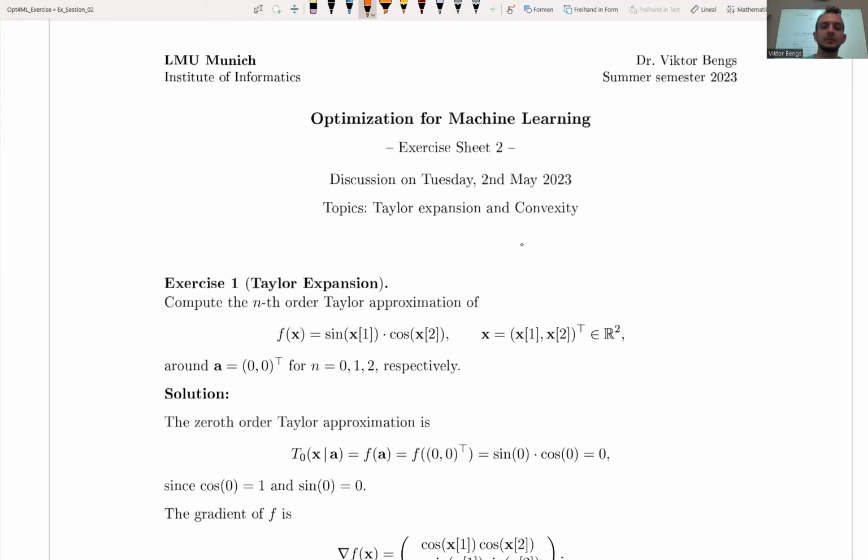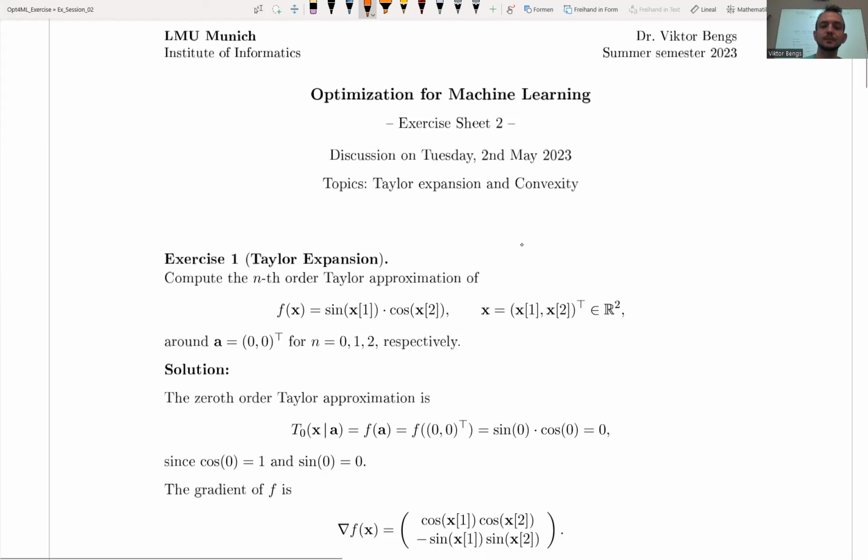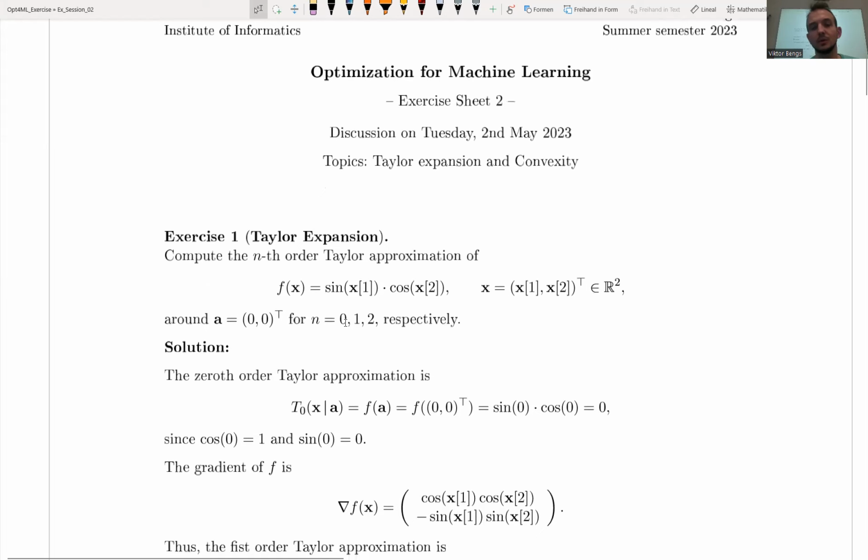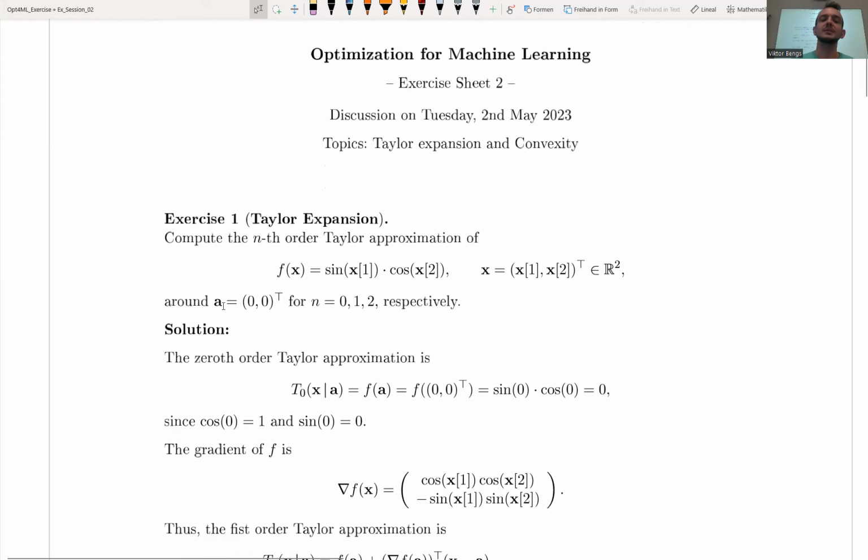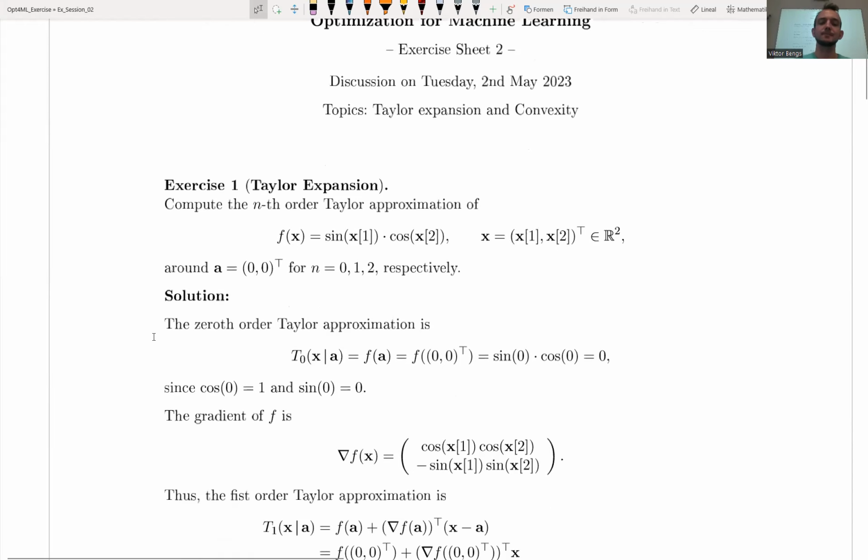And we want to do the Taylor approximation of this function around this value of a, which is the zero vector, and we will look at the zeroth, first and second order of the Taylor approximation, and we will see why we have made life a bit easier by picking this value a.